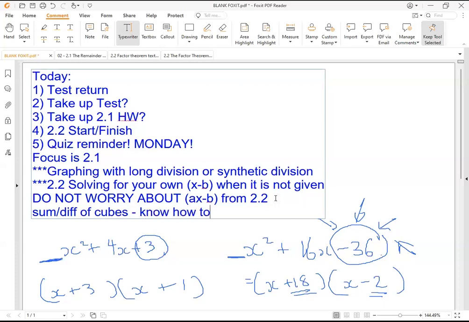I'm just going to give you a number question: something cubed plus something cubed, factor. And you also get your formula sheet, and that is right there. It's on your formula sheet. So all you have to know is how to use this formula. Okay?